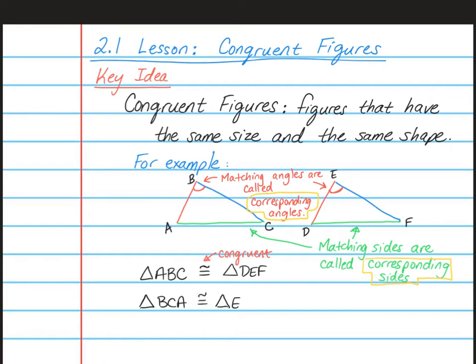Then C corresponds to F, so that would be written next. And lastly, the last letter A corresponds to D, and that gets written there. So when you write your congruent statement, make sure they're in the right order. It doesn't really matter how you start, but how you start definitely determines how you write it later on.